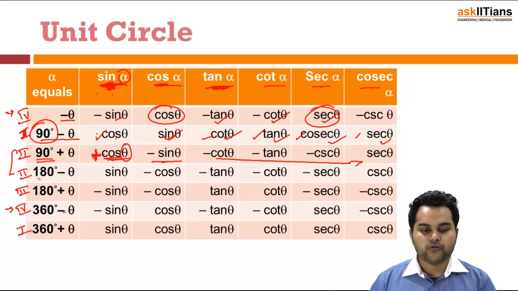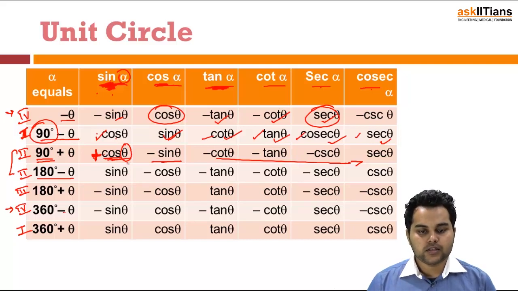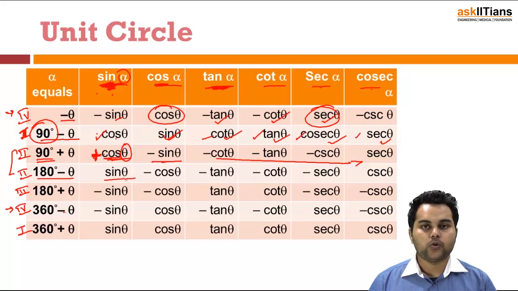In the case of 180 minus theta, termed pi minus theta, it's a multiple of pi, so there would be no change in the trigonometric ratio. Sine of 180 minus theta is sine theta because it's already positive in the second quadrant. Cos of 180 minus theta is minus cos theta, so no trigonometric ratio change but a sign change.